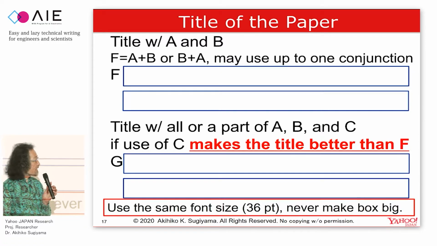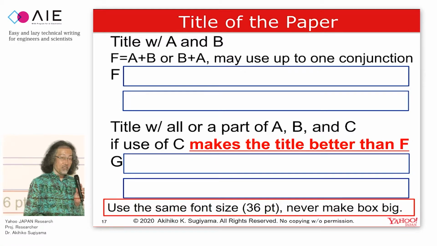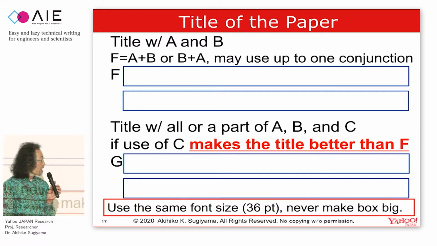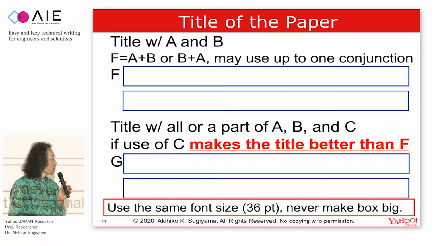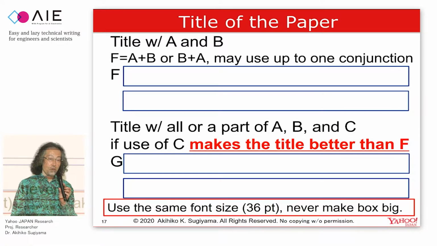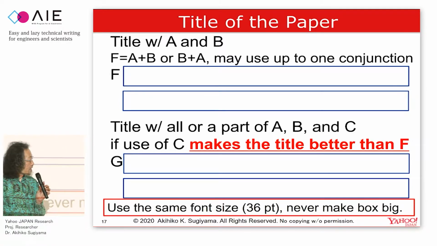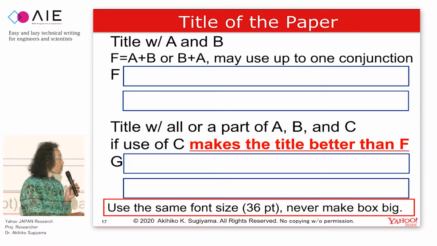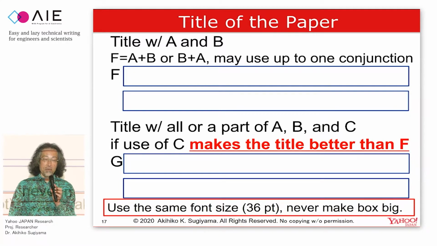And in some cases, it is better to use yet another word to make the expression more natural or much better. So in that case, in the next step, you may introduce another word to make the title better. But still, you should put everything in these two boxes.